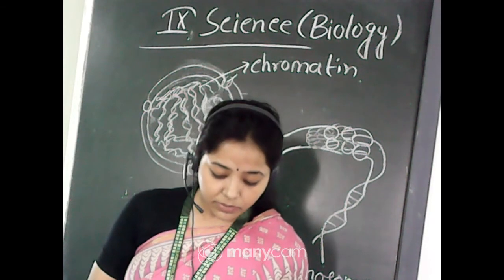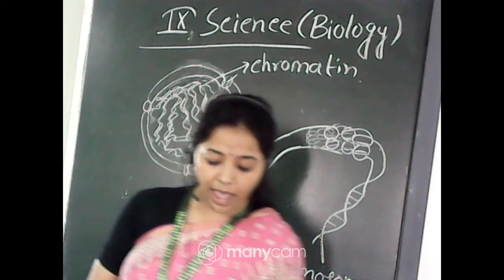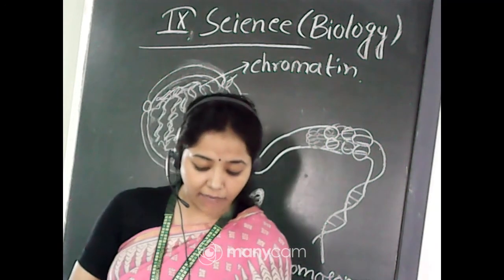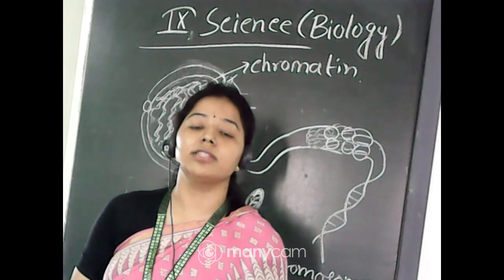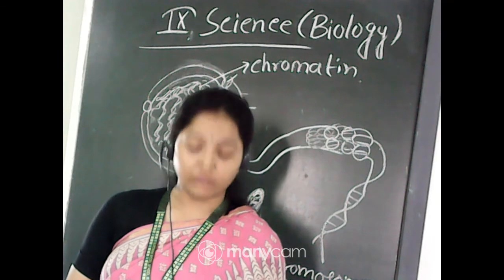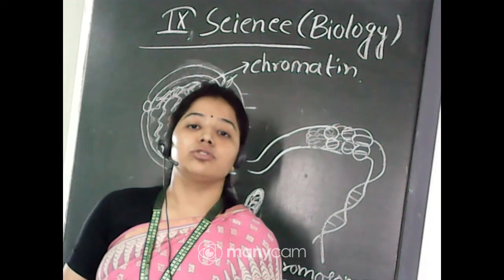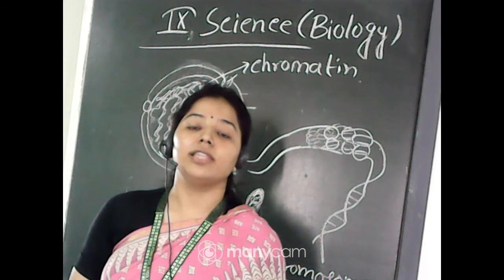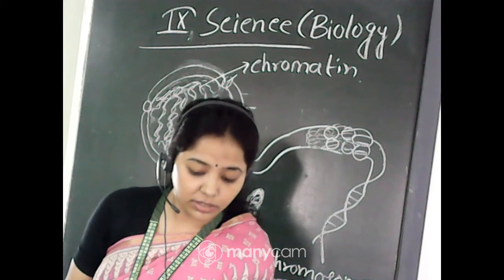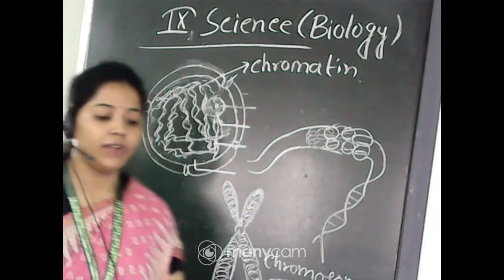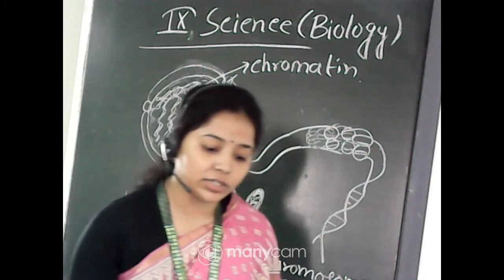So organisms whose cells do not have a proper nuclear membrane are called prokaryotes, and the organisms that have a proper nuclear membrane and also bounded organelles are called eukaryotes. Okay, everyone understood?